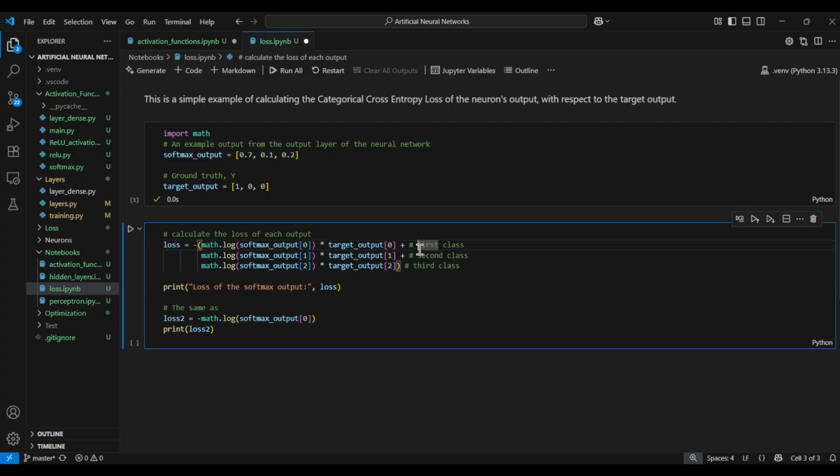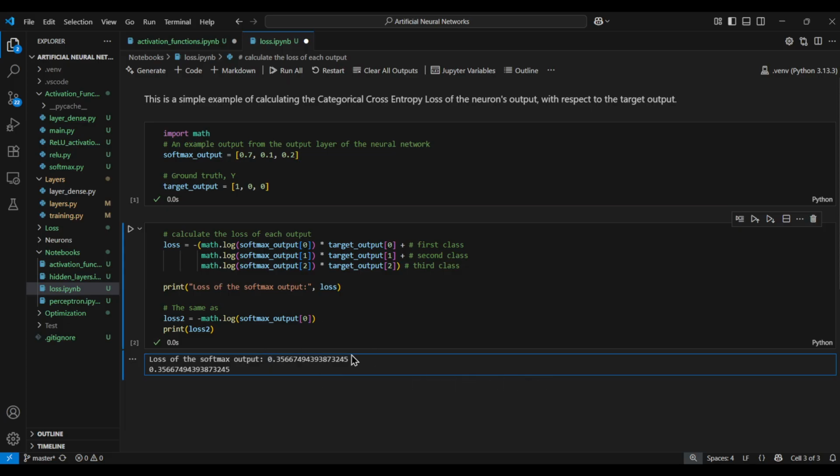We do this for every class, and then we get the sum of all of the outputs. With this, that is the loss of the softmax output, which is 0.356674, etc.